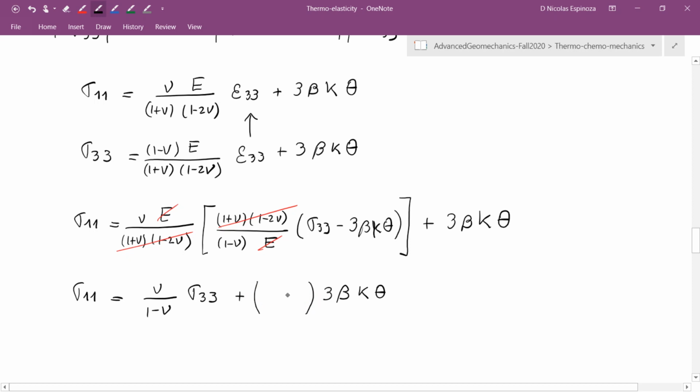So let me put it over here, and this is just going to be equal to 1, the common factor for that.